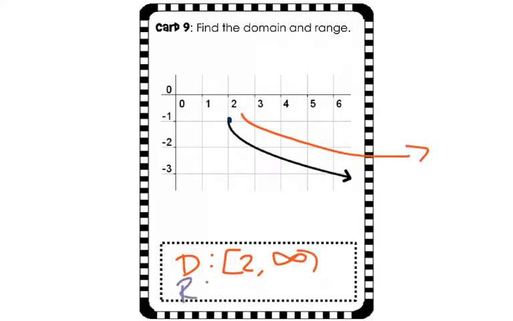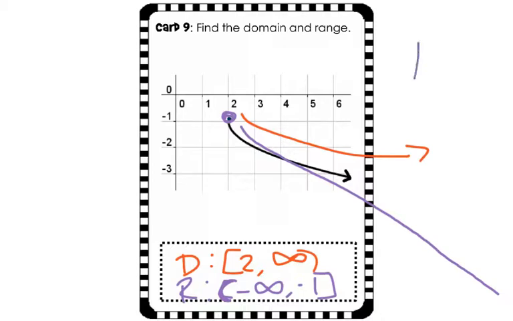And then for range, this one's a little hard, but if you think about that arrow, it's going to go down, down, down forever and ever. So the lowest range point is going to be -infinity, and then the highest y coordinate it ever goes to is -1. And that is card L.